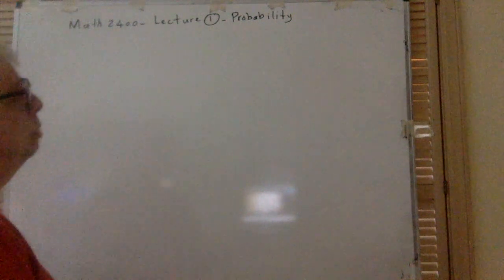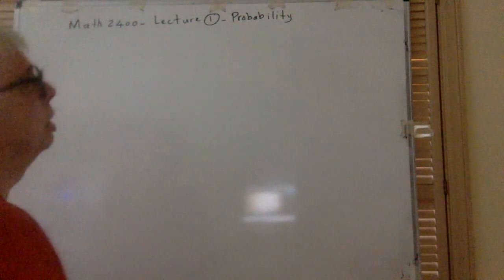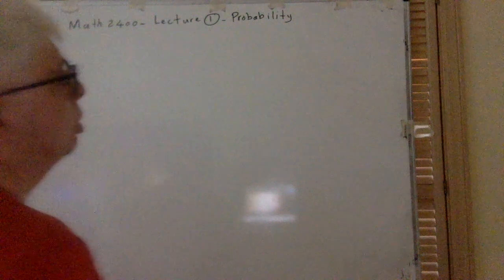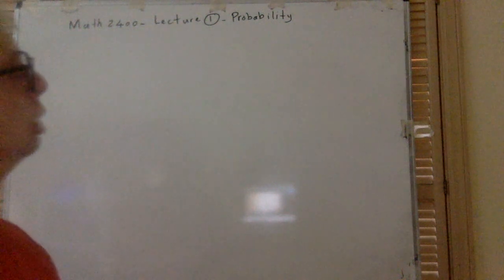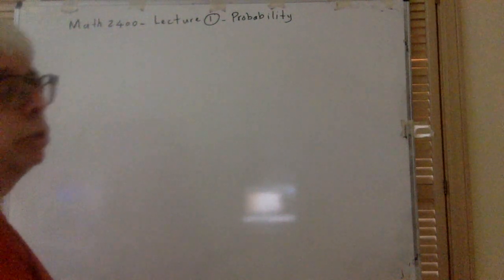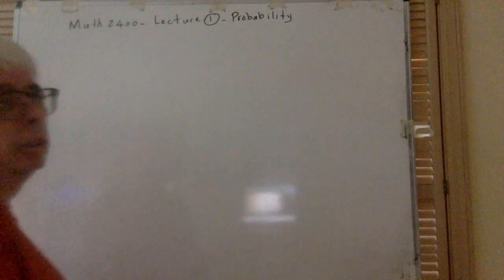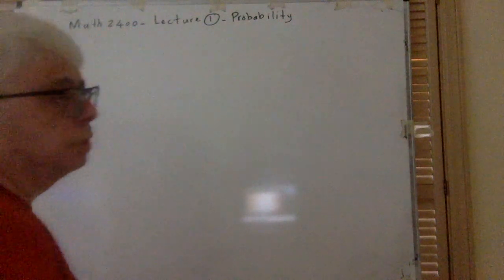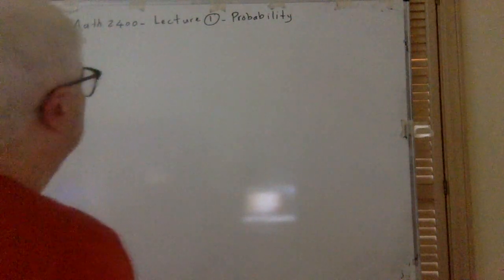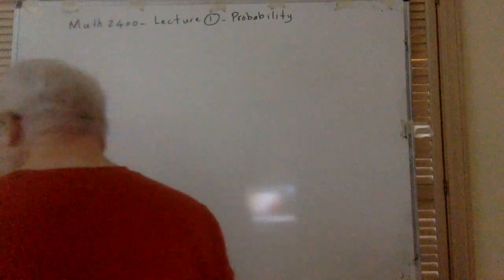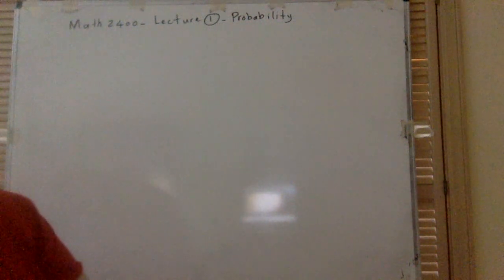Like for the dice, maybe we can talk about the probability of getting a sum of, say, 7, for example. Okay, so that was an event.